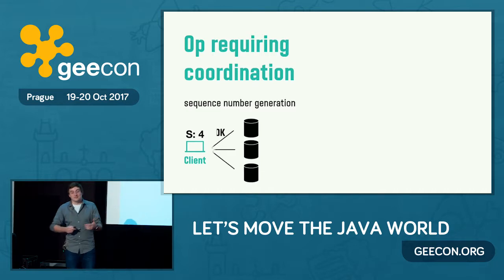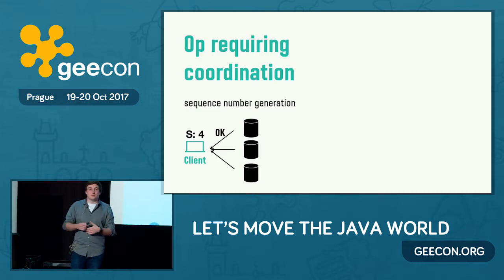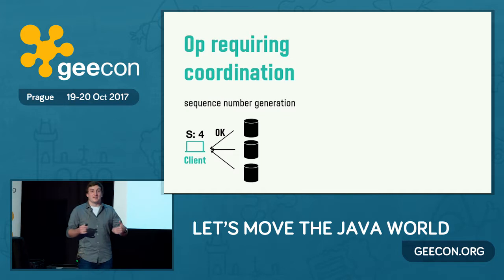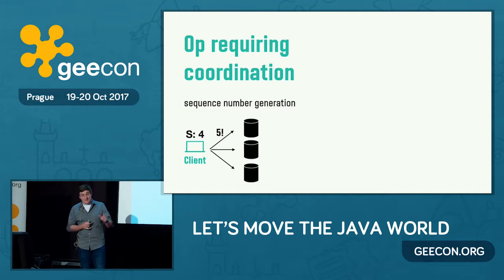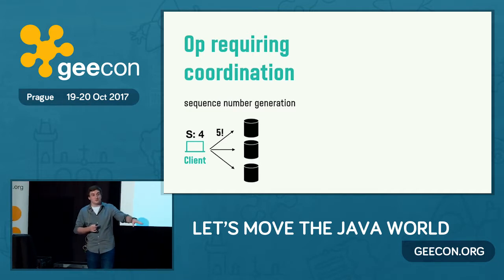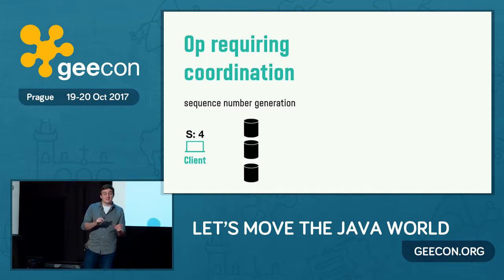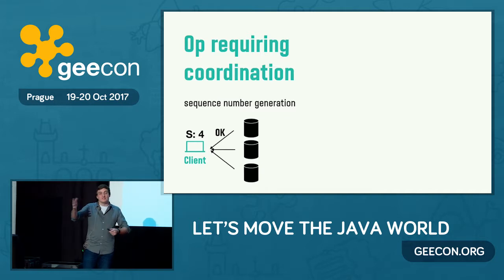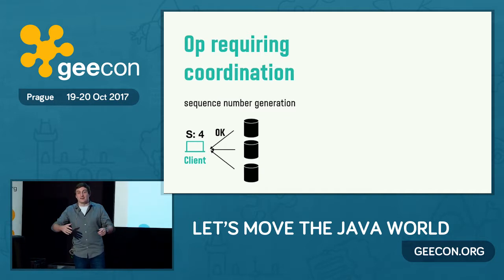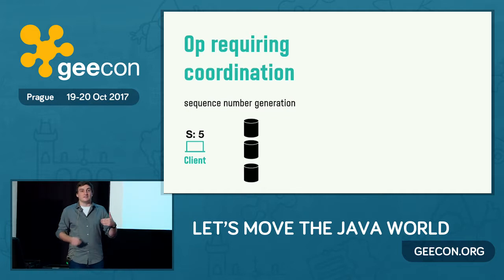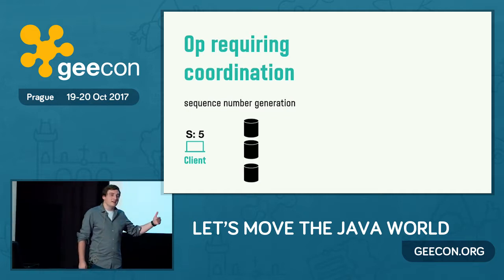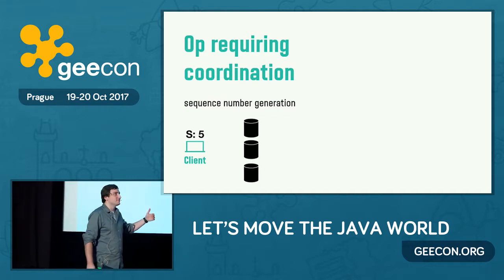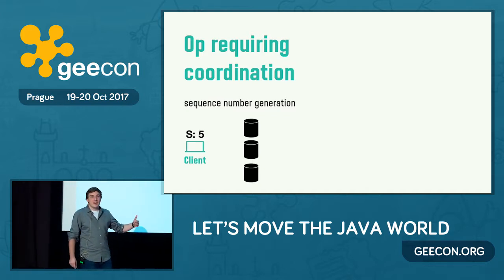If everything is okay, all the nodes in the distributed system will tell you, okay, there is no other client that did it before, so you can do that. Then the client says, okay, I'm jumping to number 5. And again, if everything is okay, the cluster will respond that it accepted the changes, and the client is now on number 5.